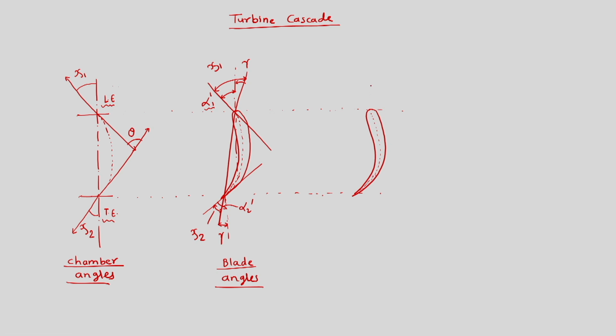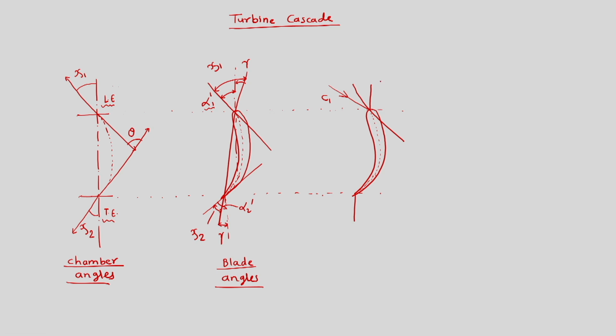This is the vertical line here, and this is the vertical line here. Now, this is the direction of the tangent, and then let us say this is the way by which flow is approaching, and this is the C1 absolute velocity vector.